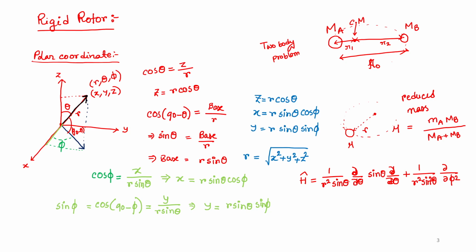Means 1 by r square sine theta d by d theta sine theta d by d theta, right? So I can proceed from here, I guess.